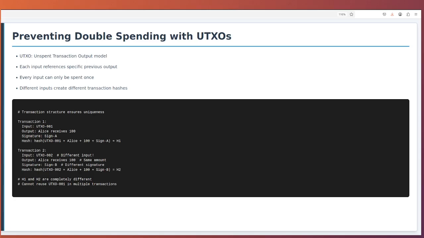Even if two payments look identical, for example, the same amount and the same recipient, they will have different inputs, different signatures, and therefore completely different transaction hashes. The transaction hash is calculated from all the binary data, including inputs, outputs, signatures, and metadata. Change even a single bit, and the hash is completely different. This ensures every transaction is cryptographically unique and prevents any double spending attempts.